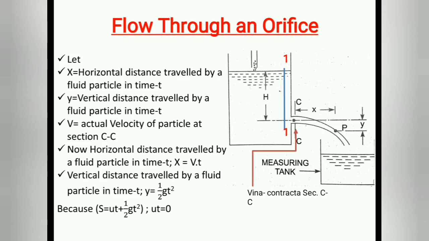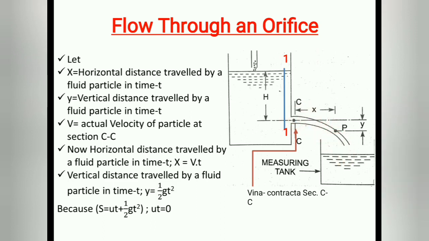Let x be the horizontal distance traveled by a fluid particle in time t. This is the distance traveled by the particle in time t in the x direction, and y is the vertical distance traveled by a fluid particle in time t. It travels downward, because after the vena contracta the jet is lowered as the velocity decreases.